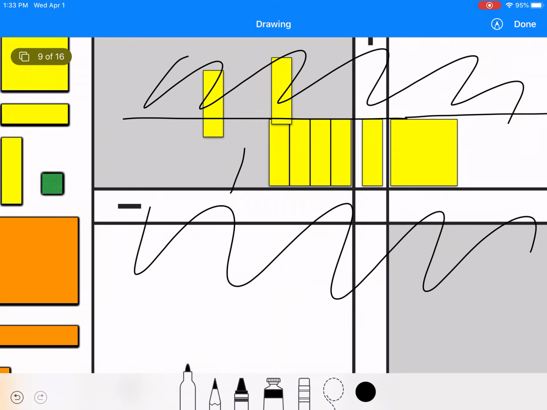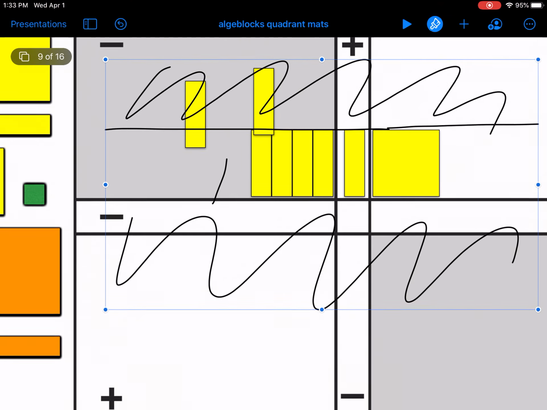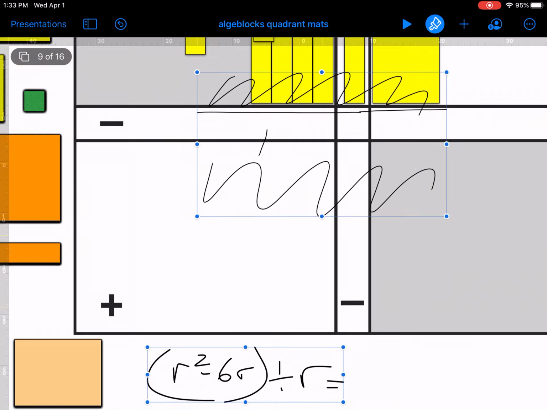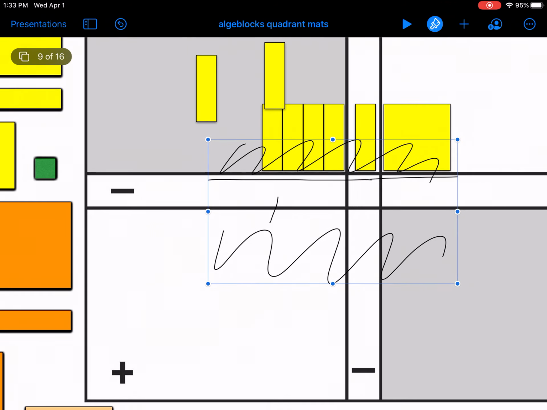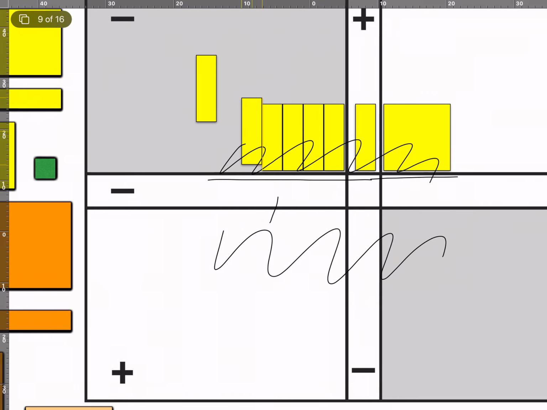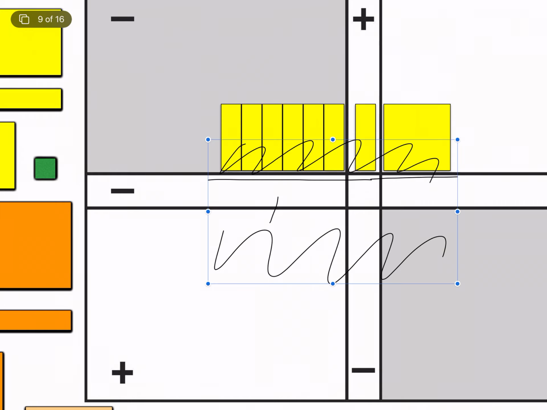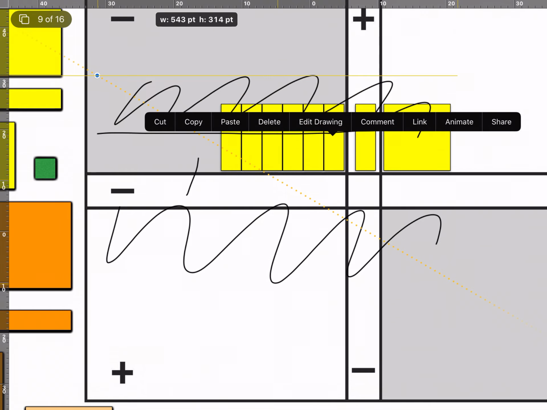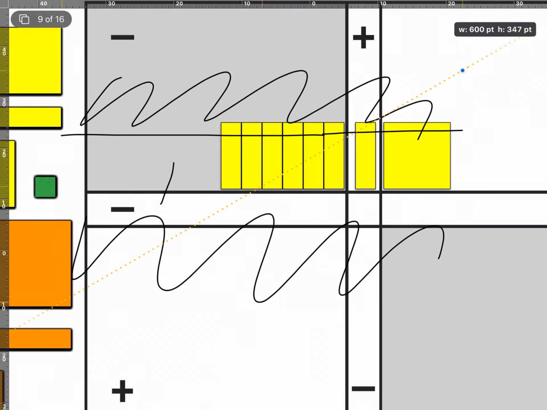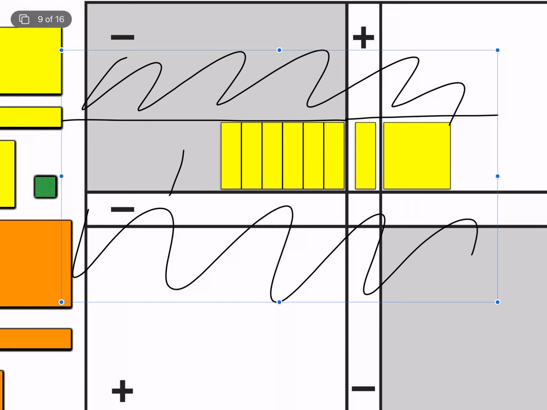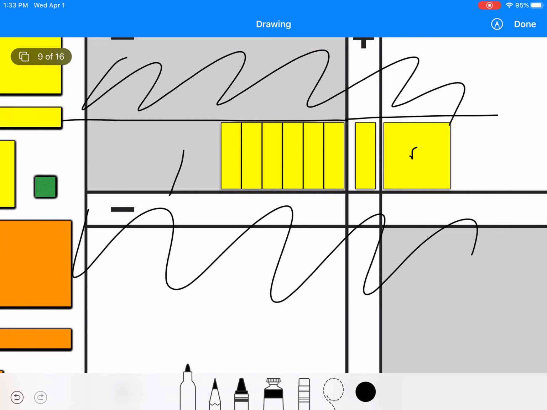Let's see if I can move this guy and then I'll expand back. All right. So we have the r squared, the minus 6r.